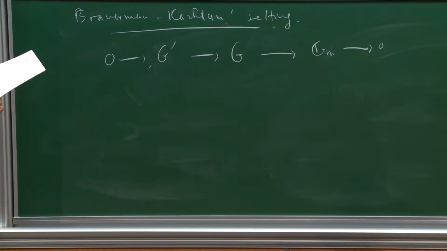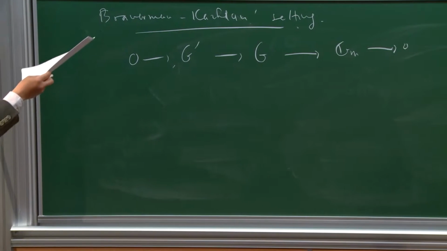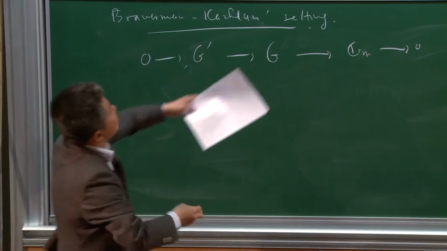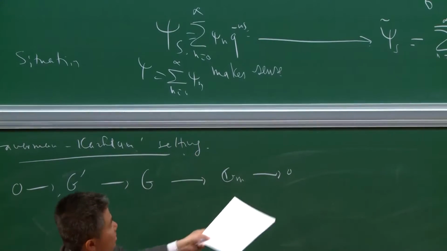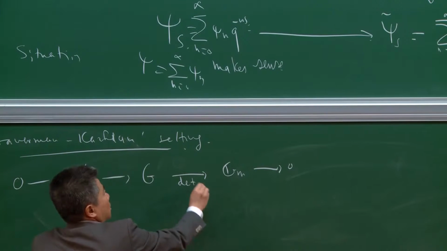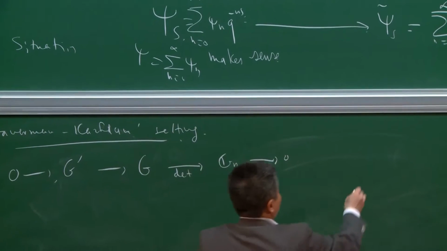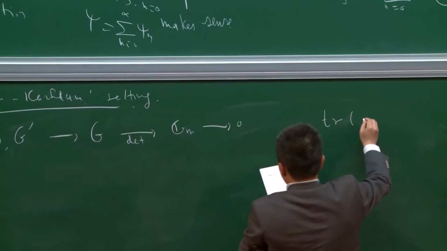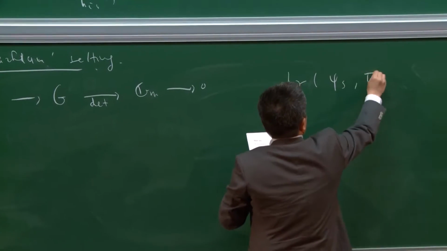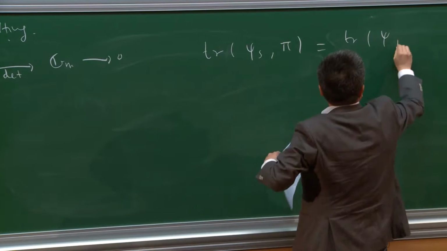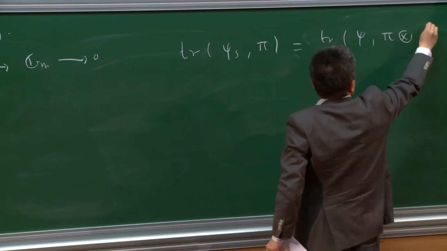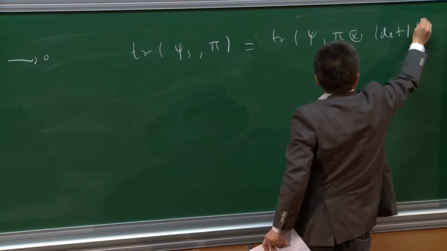Instead of doing this, you can just look at this function and twist the representation by the determinant. So what we're looking for is the following formula: the trace of psi s on pi is the same as the trace of psi on pi tensor determinant to the s.